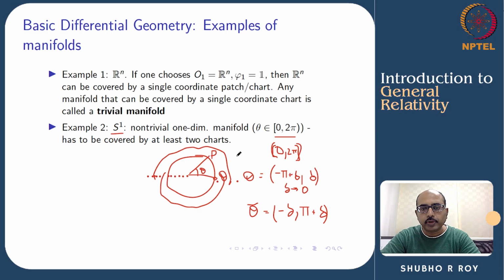Okay, so as you can see, the union of these two definitely covers S1, and in the overlap region, which happens to be these 2 points, this point and this point, in the limit when delta goes to 0, only the 2 equatorial points are the overlap of these 2 coordinate charts. So the overlap would be theta equal to 0, this point, and theta equals pi.